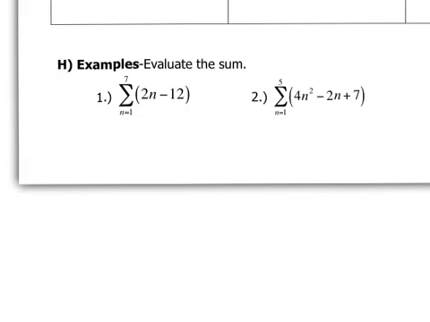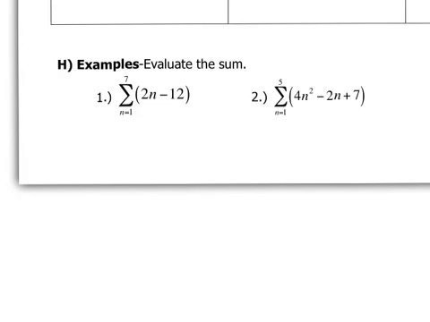So let's look at the first example. We have the explicit formula 2n minus 12, going from term 1 to term 7. Now, you could certainly plug in 1, 2, 3, 4, all the way up to 7, and add them up, but we have shortcuts, so let's use them. First of all, any plus or minus we're going to split up into separate summations.